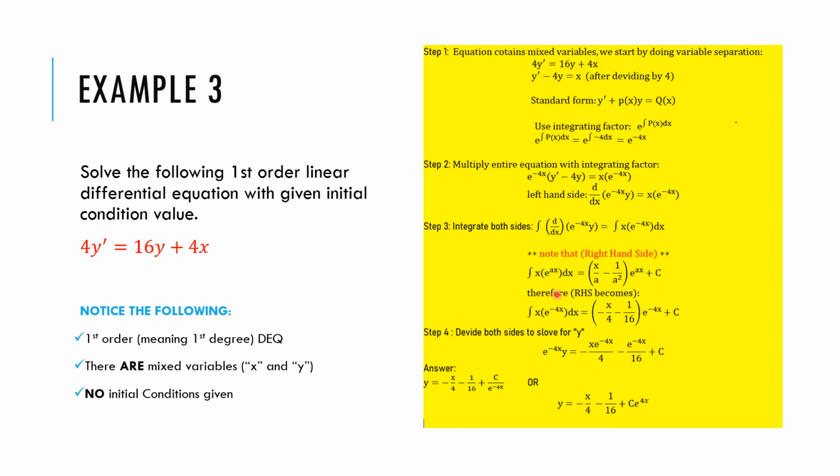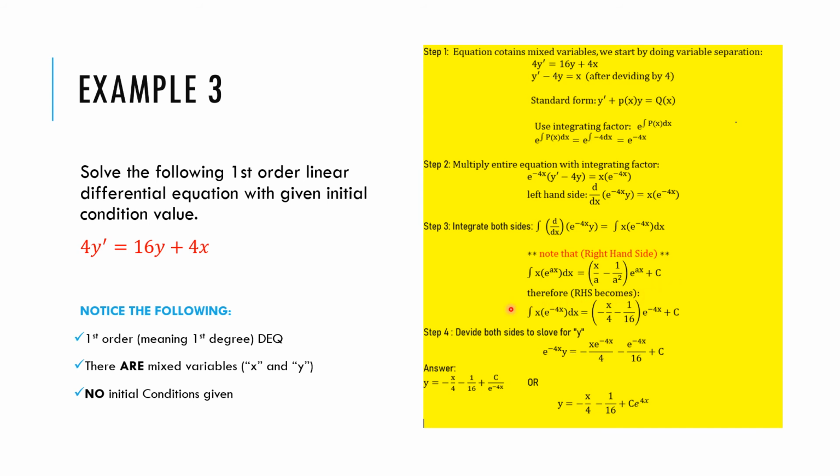This integral, if you refer to the table of integration, is one of those special integrals where you are given the solution. The general solution of this form of integral is x over a minus 1 over a squared, all multiplied by e raised to ax, plus c, a constant since it is an indefinite integral.